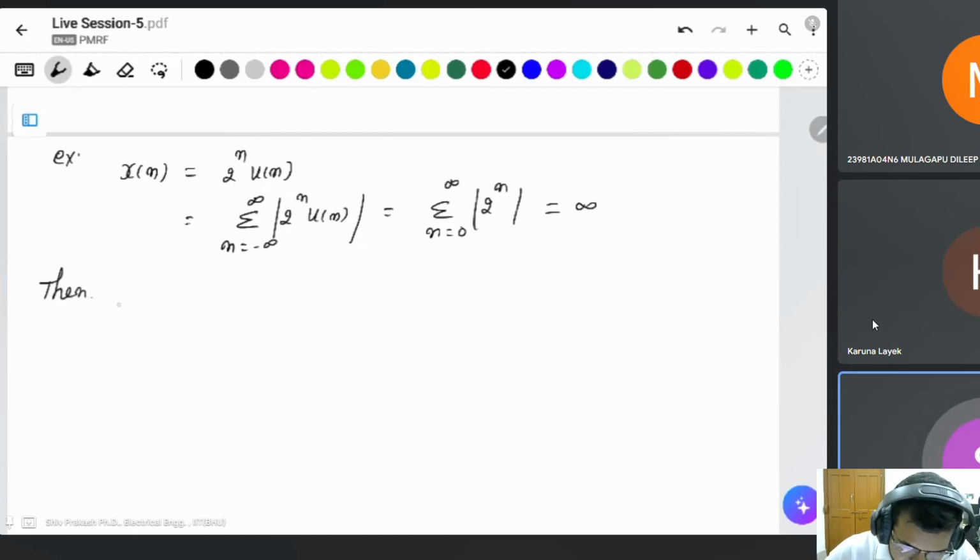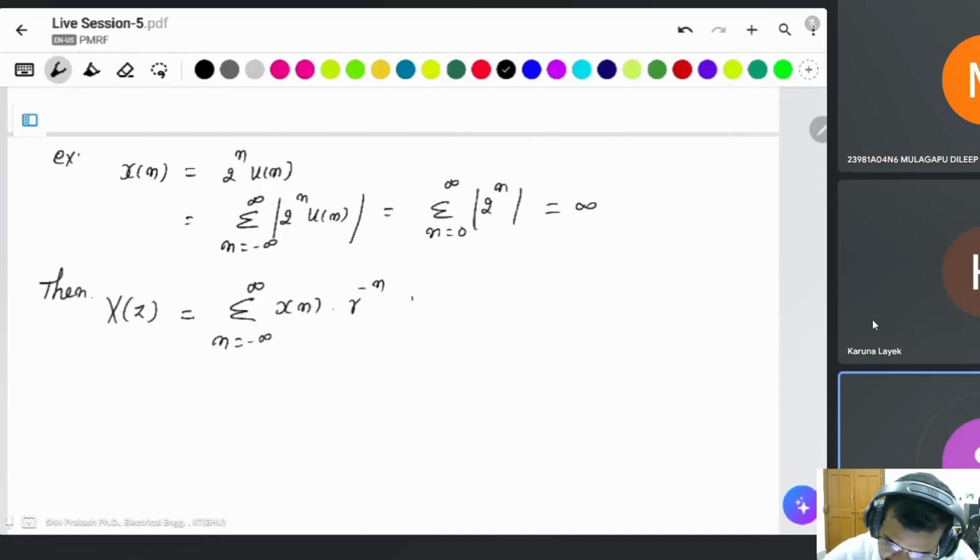Then to find the Z transform, can't we say this directly as e power j omega d? No. That's why we have to add something in this function: summation of x[n] and r power minus n, then e power minus j omega d n.